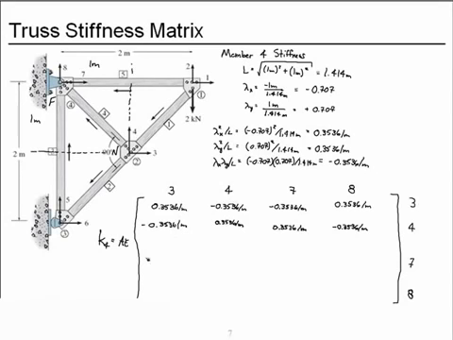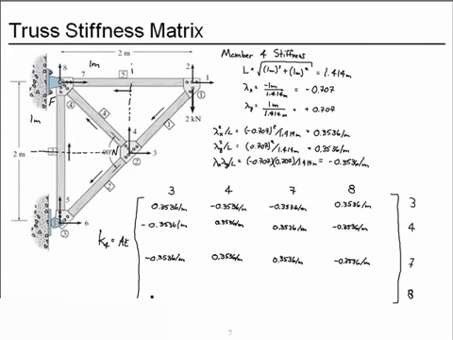Negative lambda x squared, negative lambda x lambda y, so the negative signs cancel, lambda x squared, and lambda x lambda y, which is negative.